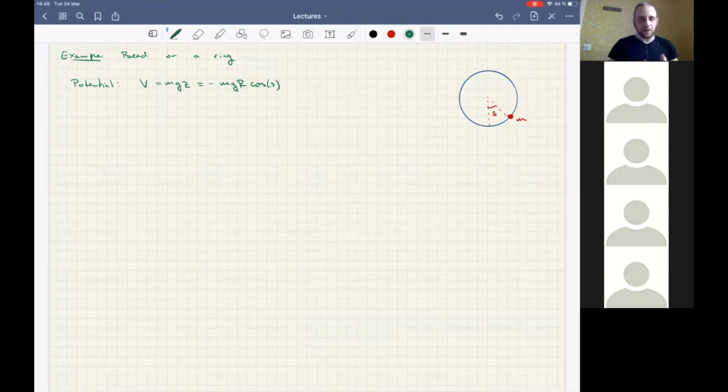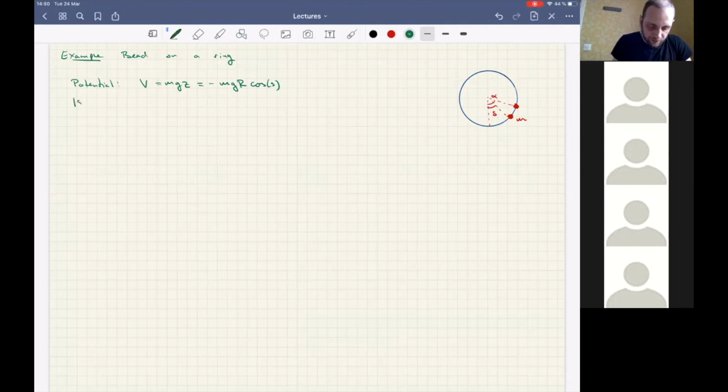If I let this go from some amplitude alpha, so I take this mass here and bring it up to here, and I let it go from rest at this point, and then let it oscillate back and forth, then I can ask what is going to be the period of those oscillations.